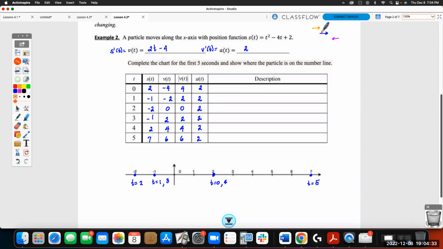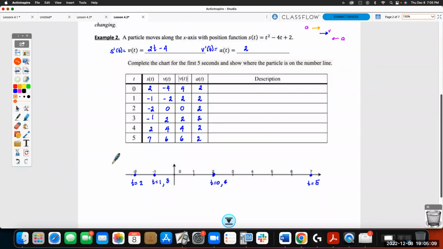So if you look at the direction of the velocity and the direction of the acceleration, if the acceleration and the velocity are in the same direction, both positive or both negative, that means that the object is speeding up. But if the velocity and the acceleration are in opposite directions, that means that the object is slowing down.